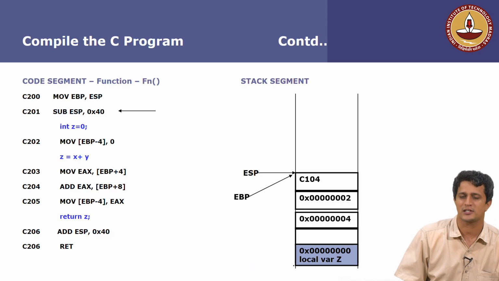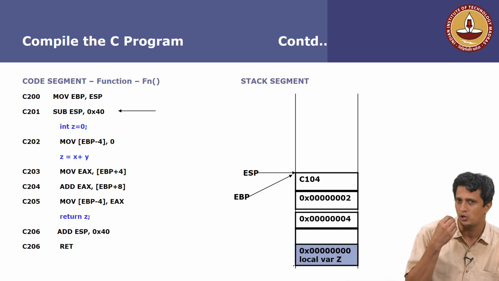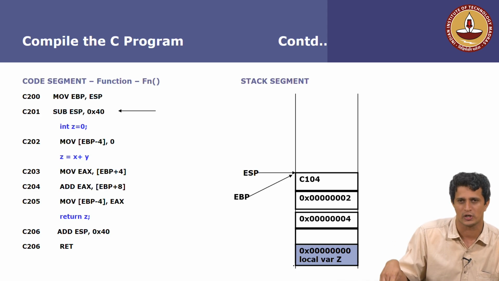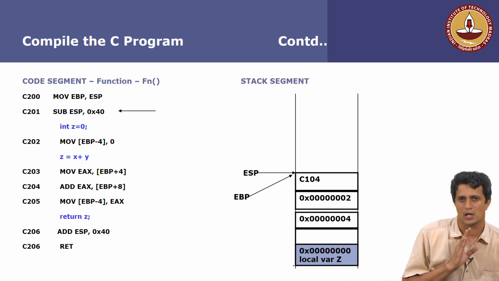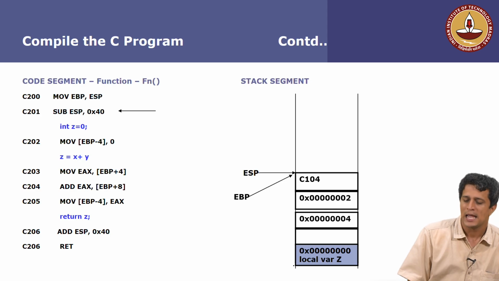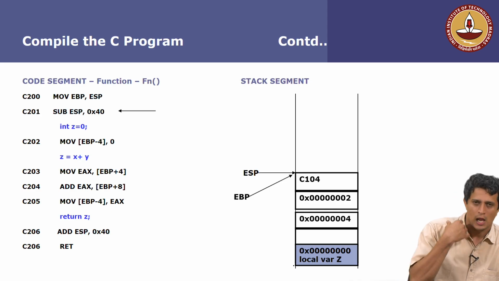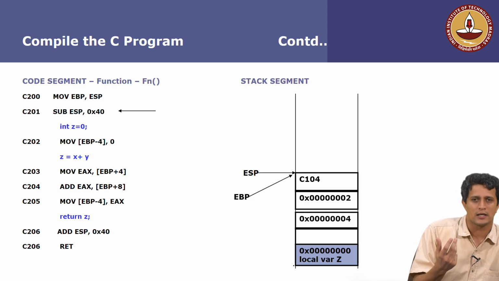So that is the first instruction that gets added, and something that we did not discuss yet. Only when we go through this execution process do we realize we need to do it. So EBP is now moved to ESP, and now I need to allocate what is known as the local variable space.